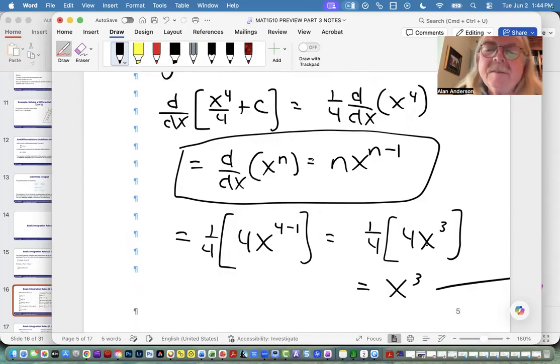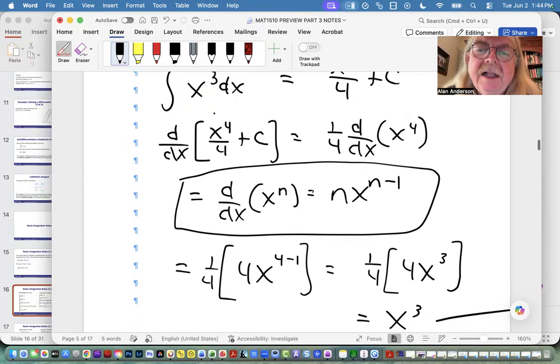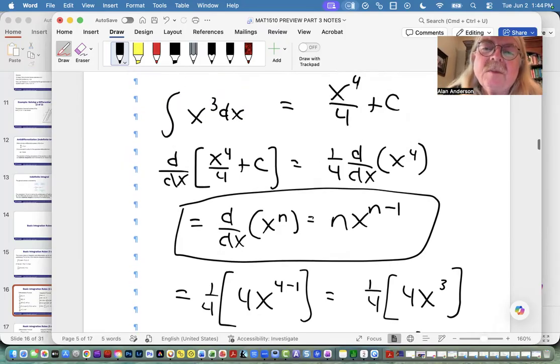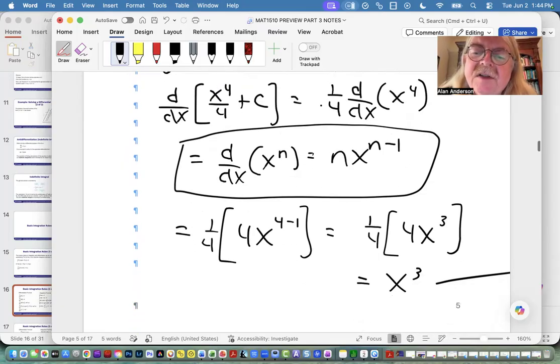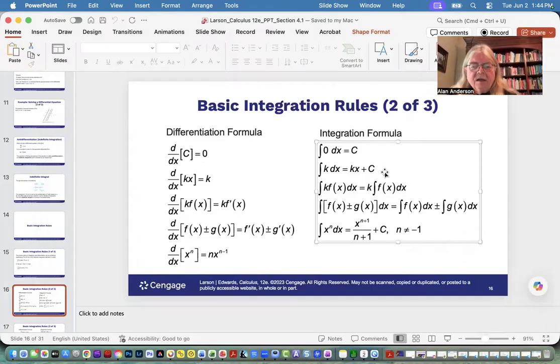And so that means we did it correctly. We start out with x cubed under the integral sign, and that led us to x to the fourth over 4 plus c. When we differentiate x to the fourth over 4 plus c, it brings us back to x cubed. Okay, good. And that's it for now.